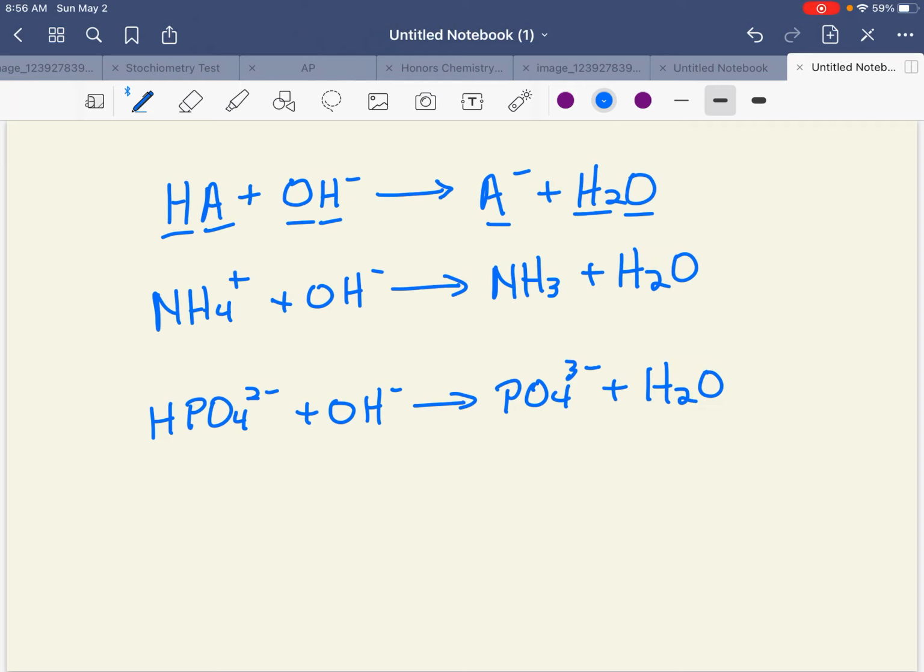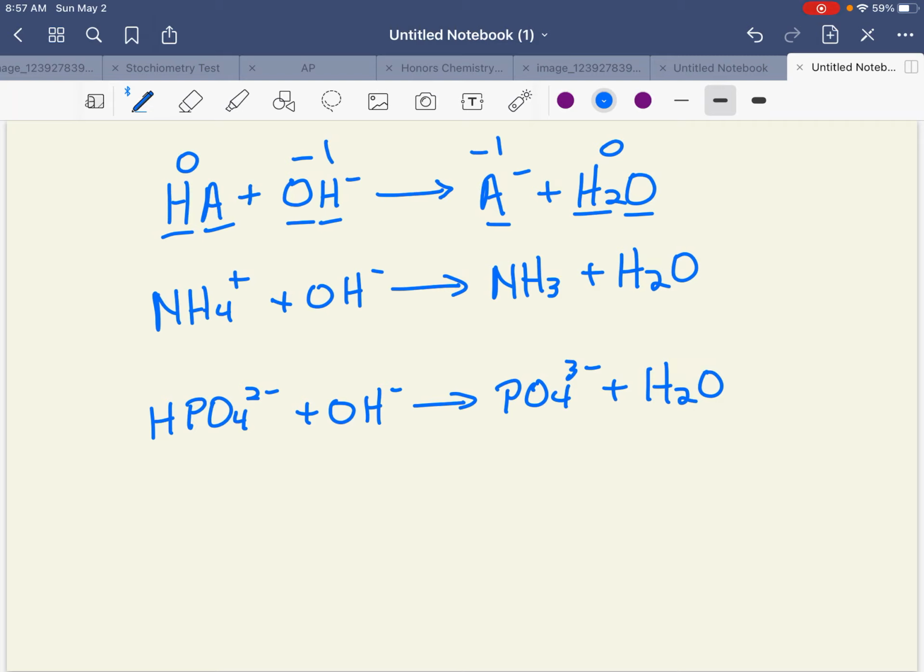But look at the charges. HA is neutral. It does not have a charge. Charge is 0. Hydroxide is -1. So the entire reactant side has a total charge of -1. Look at the right. -1 for the A-, neutral for the water. The right-hand side has a -1 charge. So it is also balanced as to charge.